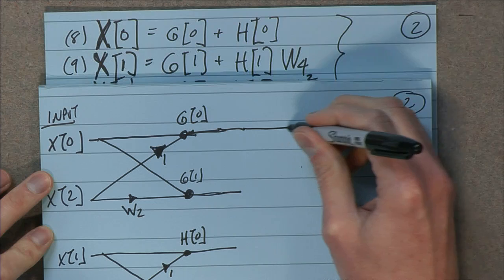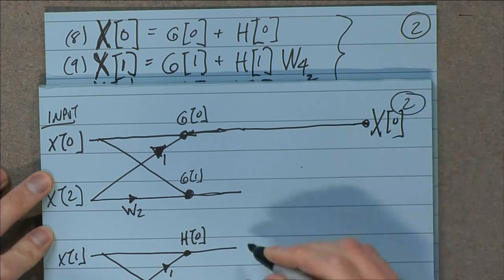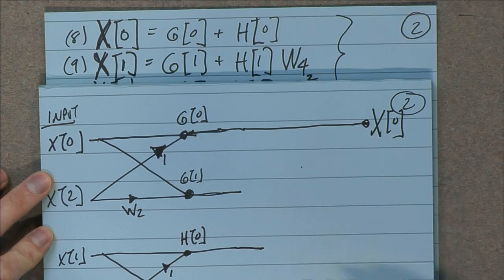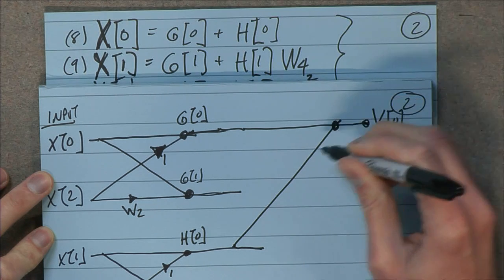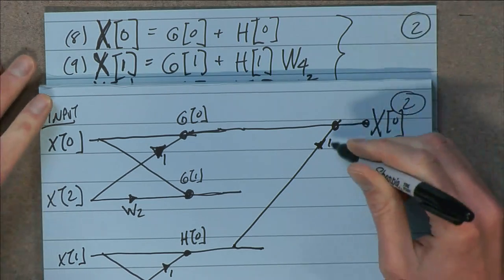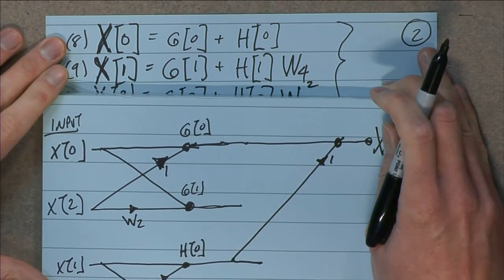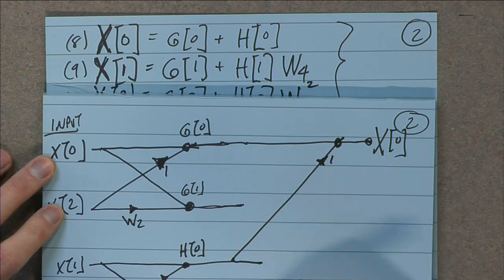That'll be pretty easy to do. So let's sum those up, with a weight of 1. Then we can use G1 and H1. So that's this one and this one.